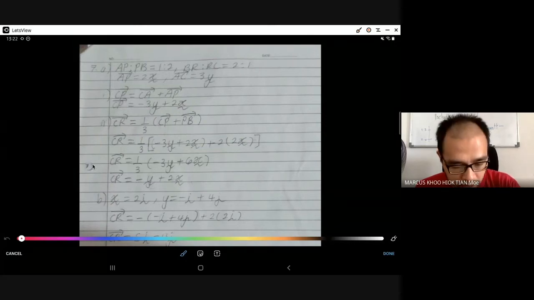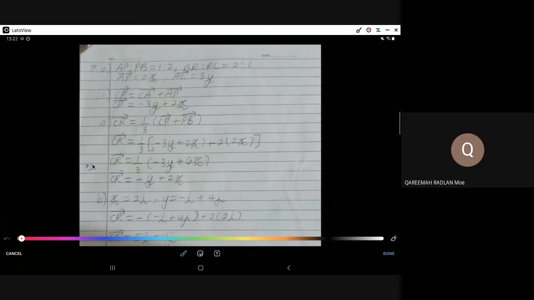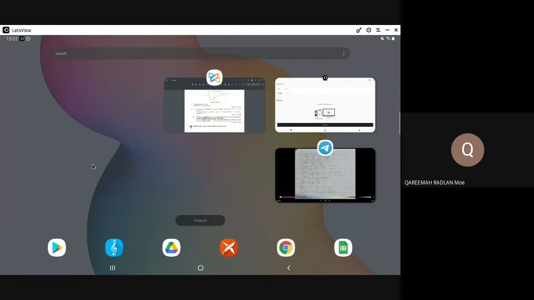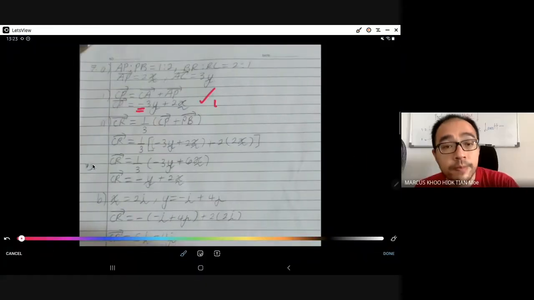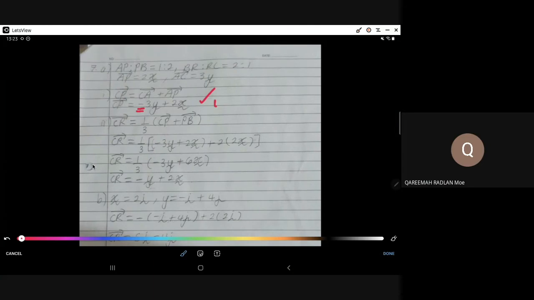Okay, negative 3y plus 2x. So because at first they give AC and that's 3y, but when you do it balik, it becomes negative. So negative 3y plus 2x. All right. And then for the second one, CR is equal to 1 over 3 CB.